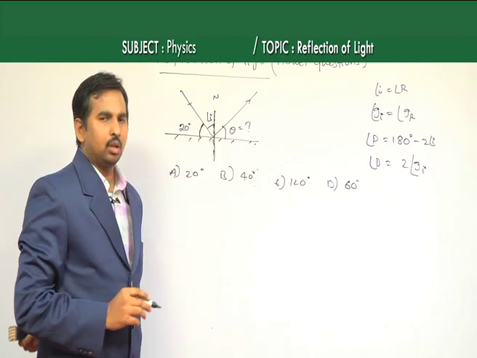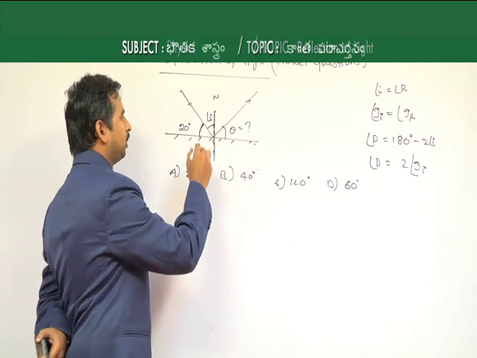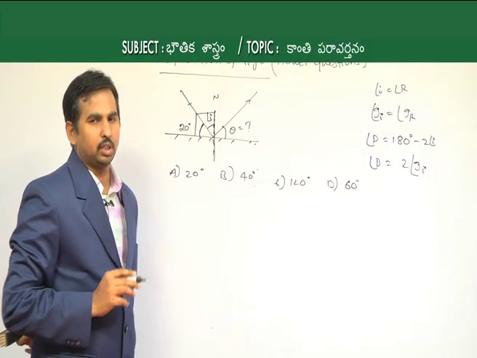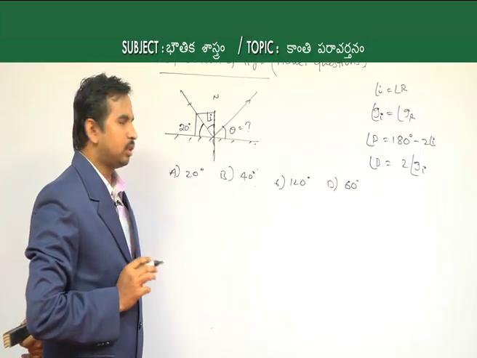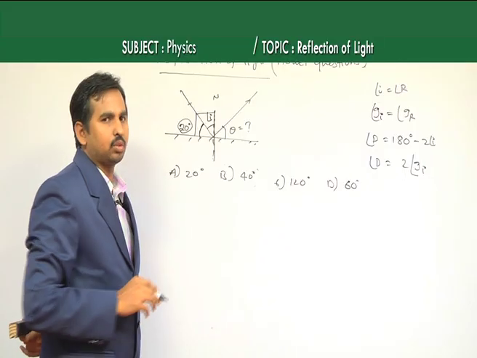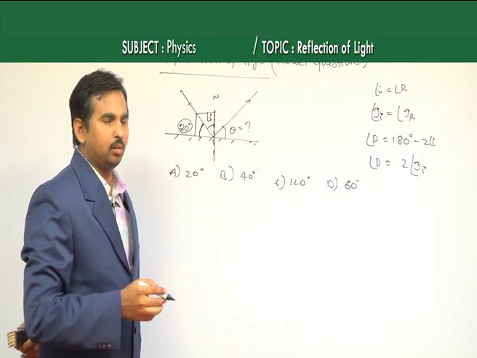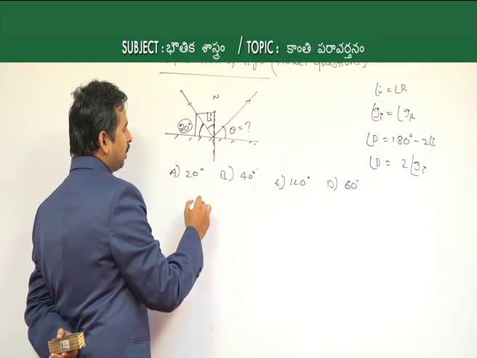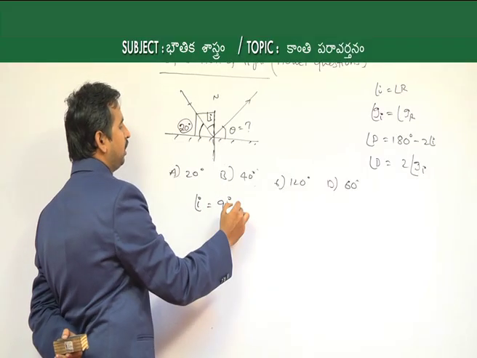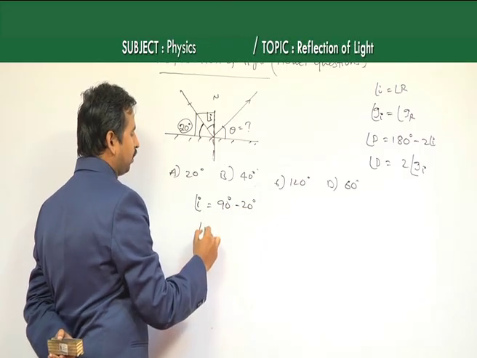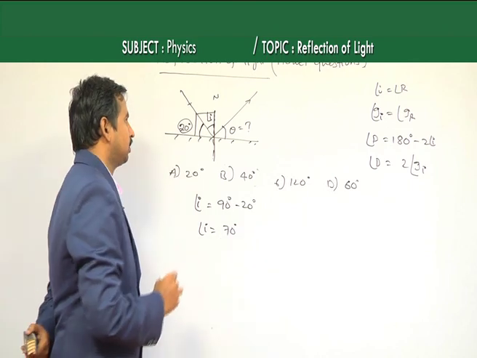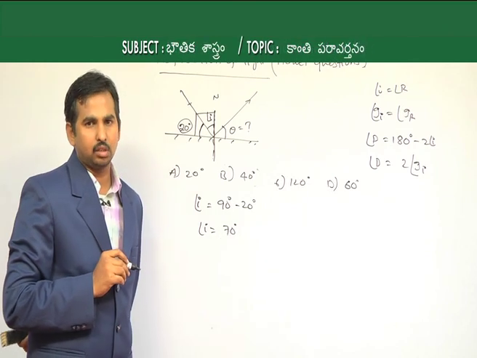We know that the normal is a perpendicular line, which makes 90 degrees. In that 90 degrees, the already given angle is 20 degrees. Then the angle of incidence becomes 90 minus 20, which is 70 degrees. So we got our angle of incidence as 70 degrees.